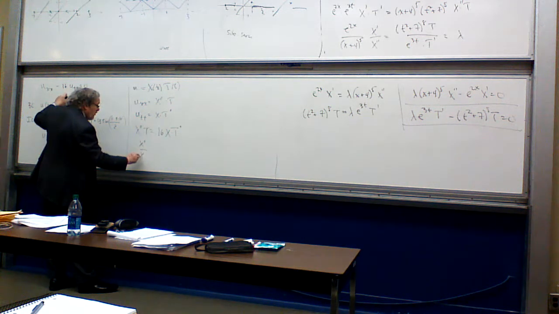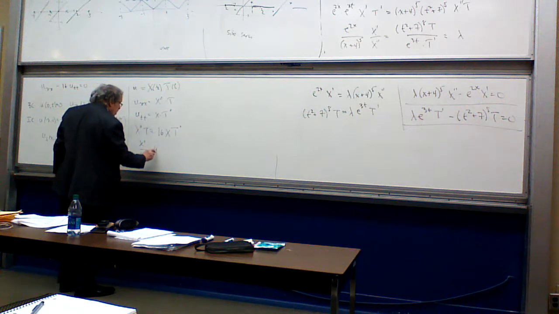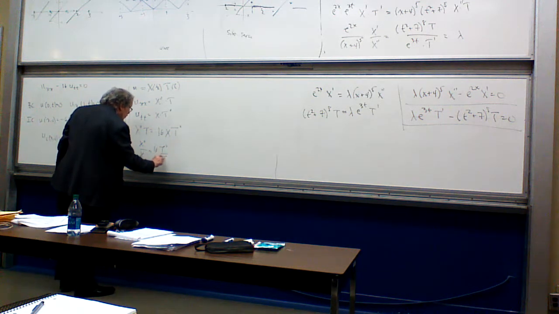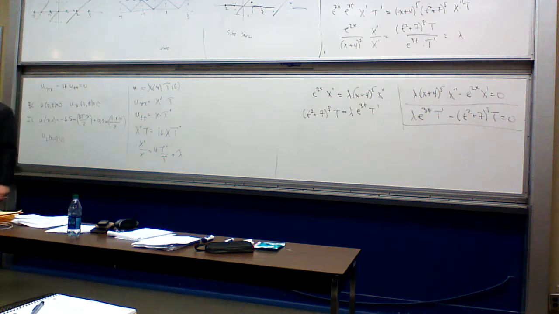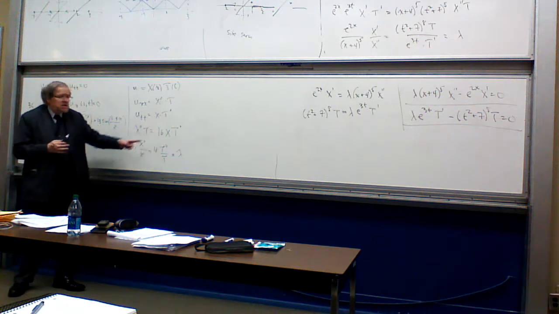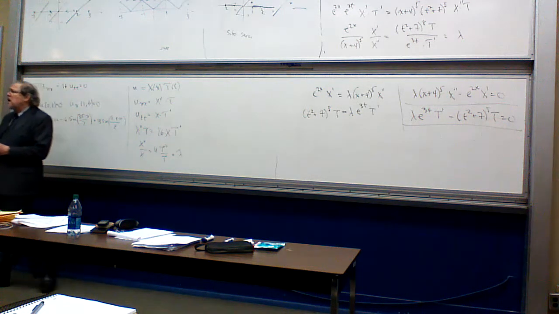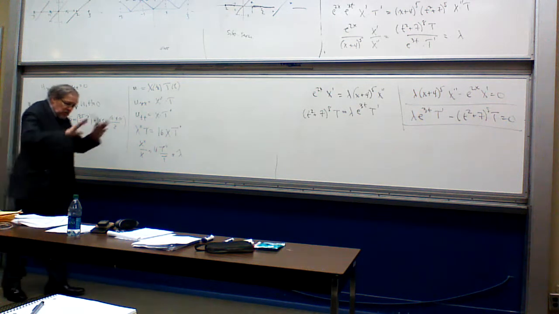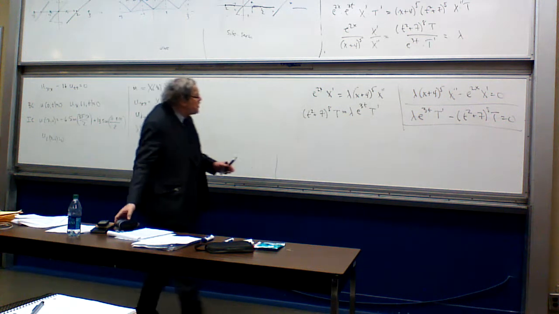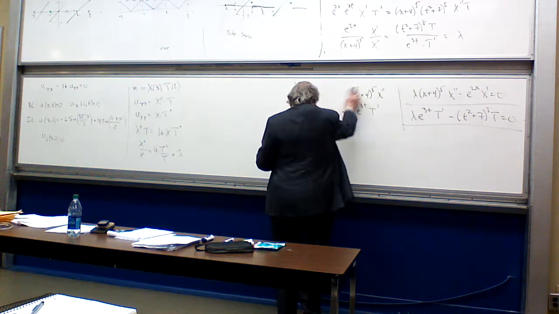X double prime over x is 16 t double prime over t is lambda. First of all, there's a constant in here. This time it happens to be a 16. In general, you want to put the constant with the t. Push it off as long as you can is the basic notion here.